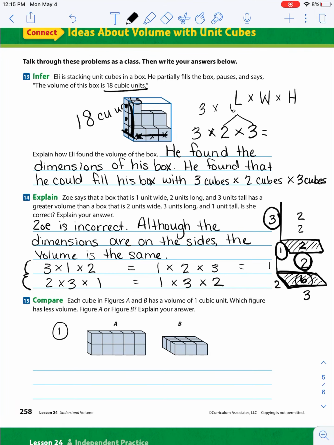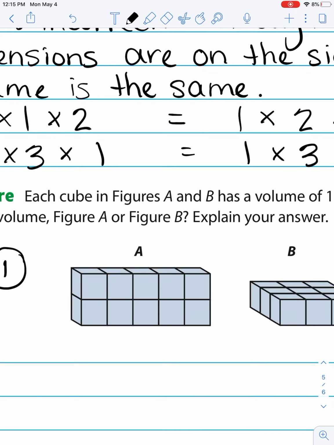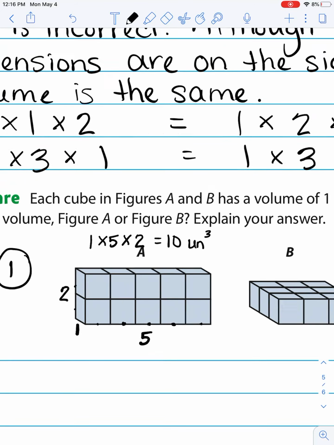Well, if I look at the dimensions, I see that the dimension of this guy here is a 1 by 1, 2, 3, 4, 5, 5 by 1, 2. So we have a 1 by 5 by 2. 2 times 5 is 10, times 1 is 10, so this one has a volume of 10 cubic units.